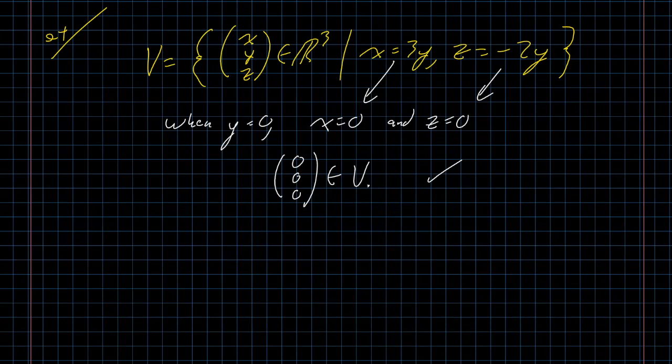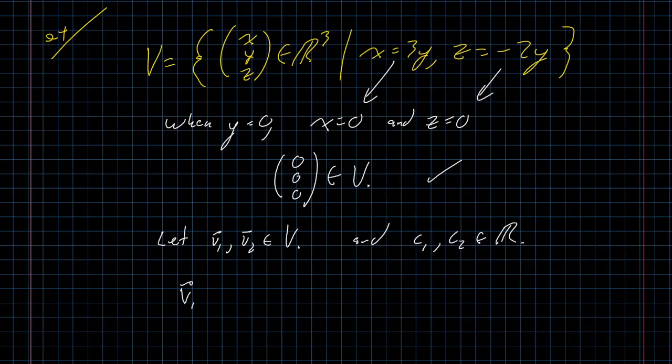For the second condition, let's pick a couple of vectors, v1 and v2 in V. And we'll pick a couple of scalars, c1 and c2 in R. Using the definition of set V, if vector v1 is in set V, that means that there is a y such that x is equal to 3y, z is equal to negative 2y.